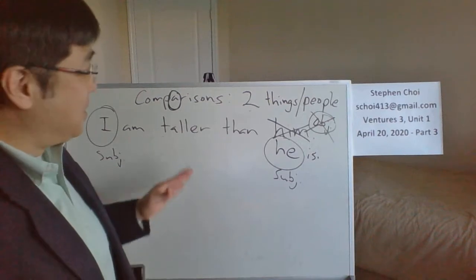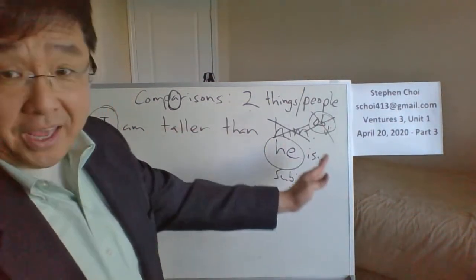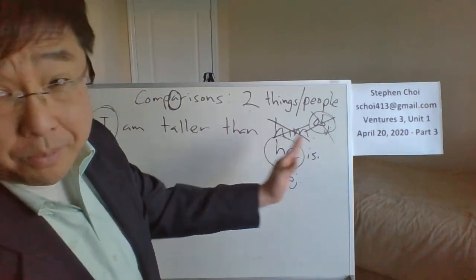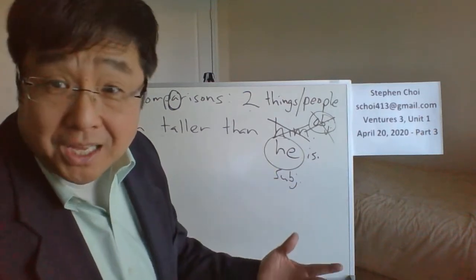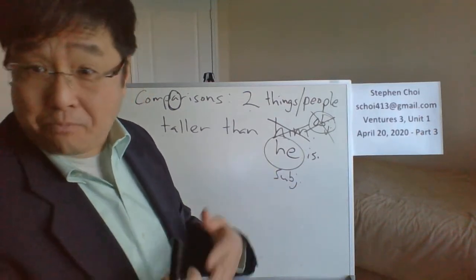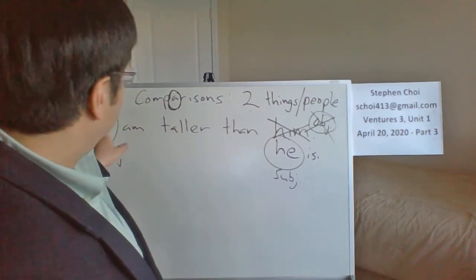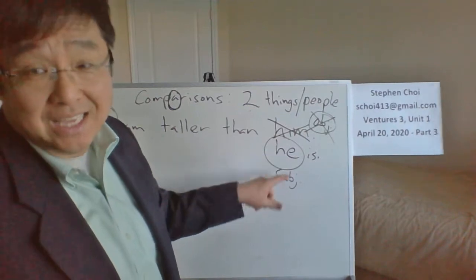Everybody makes that mistake, and most Americans, if not all, speak that way. In fact, when you speak correctly, you sound wrong or very pretentious. So people don't do that. But the correct grammar is I am taller than he is.